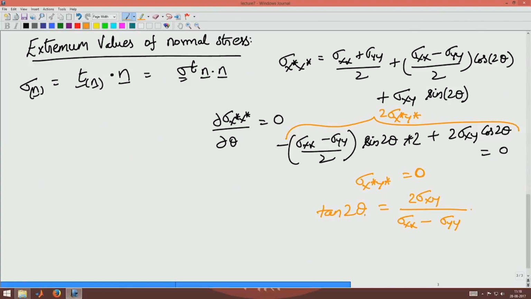This is the principal plane theta p, but theta p represents the orientation of the plane where extremum normal stress occurs.